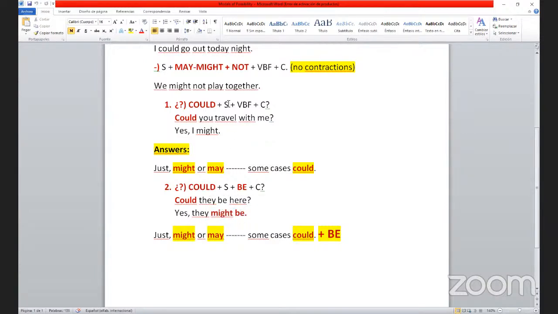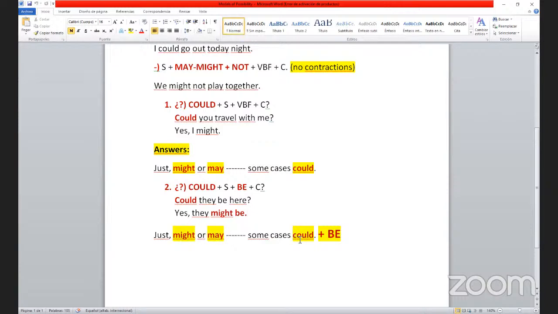In this kind of question, the first one, we just put the auxiliary, not the verb. But here, we have to put the verb to be. And we have some cases with might or may.